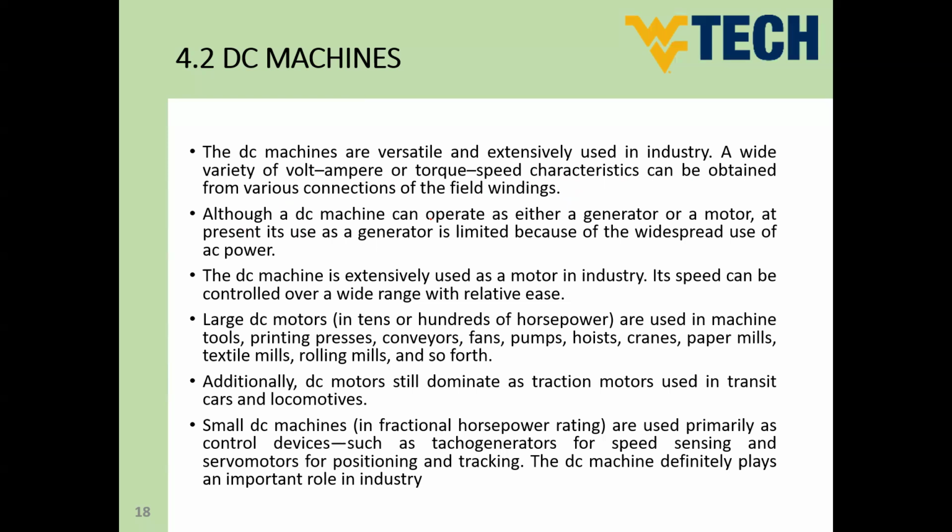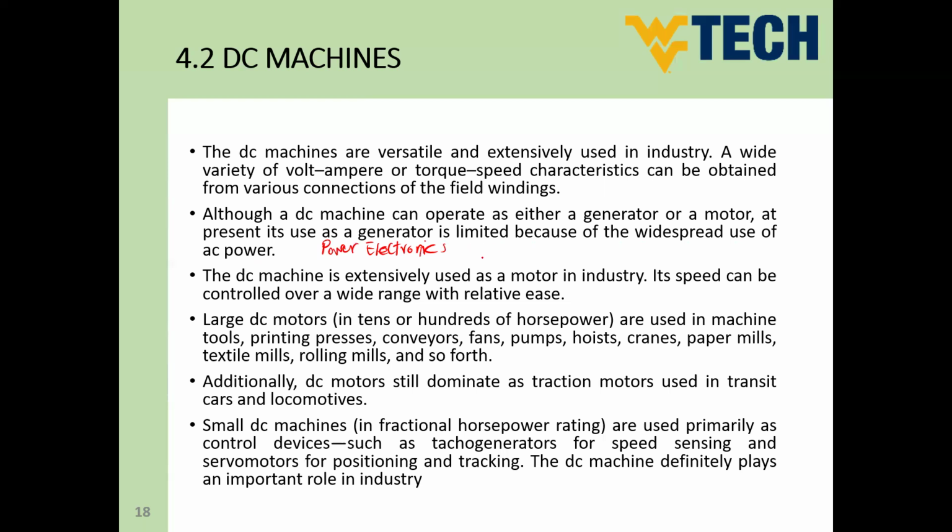Although a DC machine can operate as either a generator or motor, at present its use as a generator is limited because of the wide availability of the AC power, and also because of the use of power electronics. By using power electronics, it's very easy to have DC from an AC supply using what's called a rectifier.